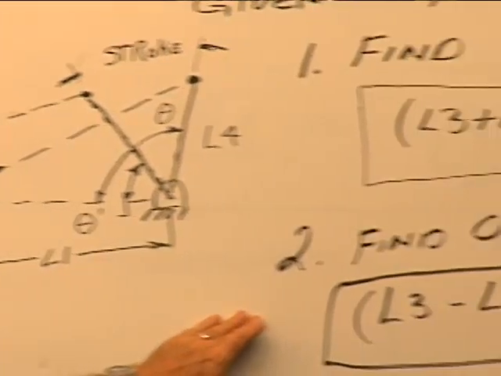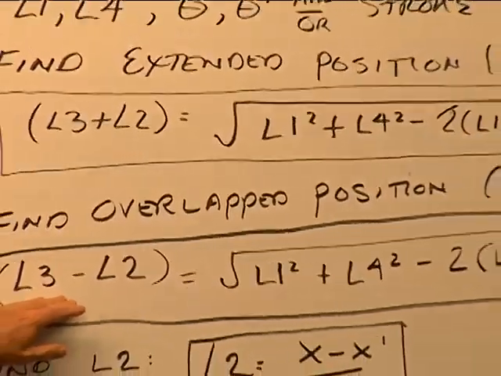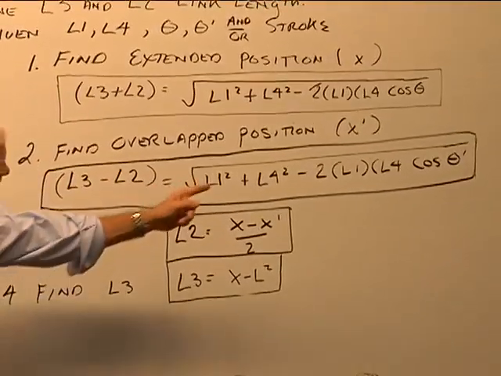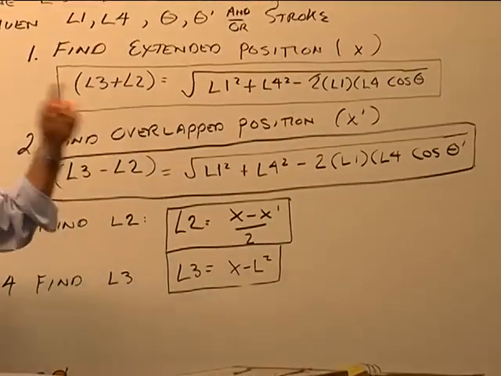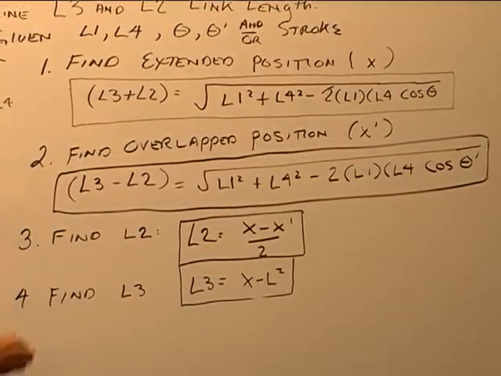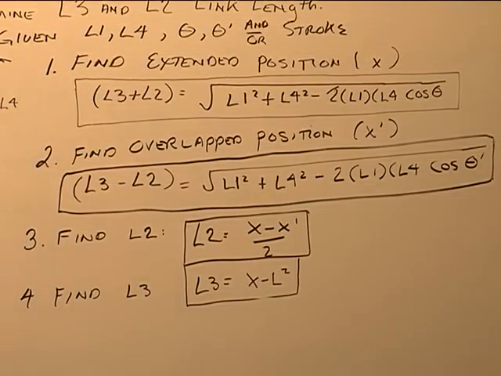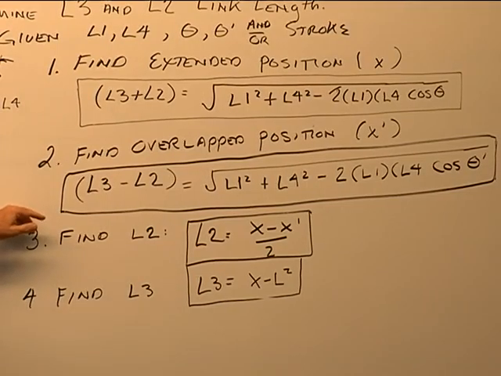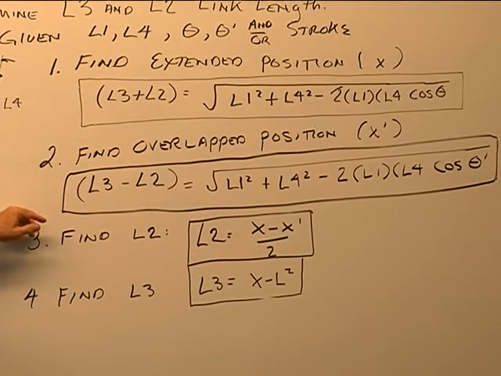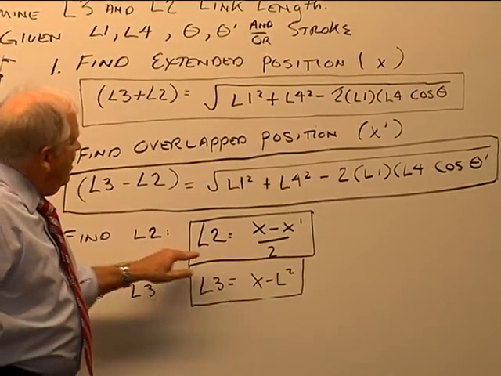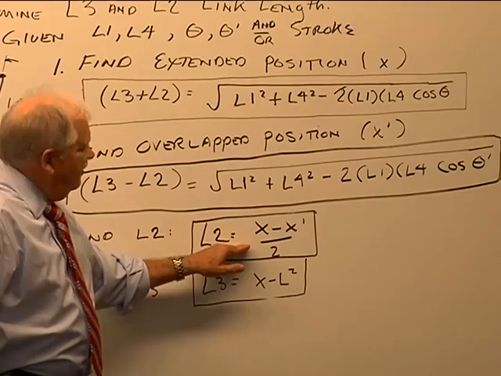The second step is to find the length of the overlap, and this is L3 minus L2. Proceeding the same way as I did before, I can discover what this theta prime angle will be, and then I'll be able to discover the length of that angle.